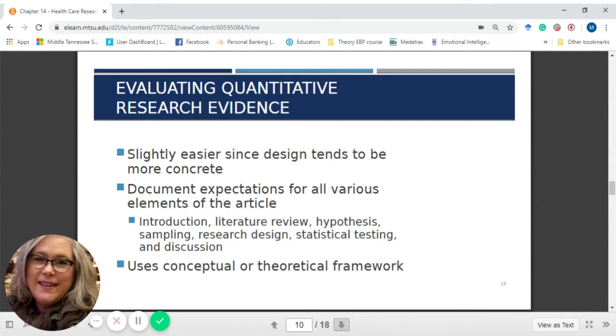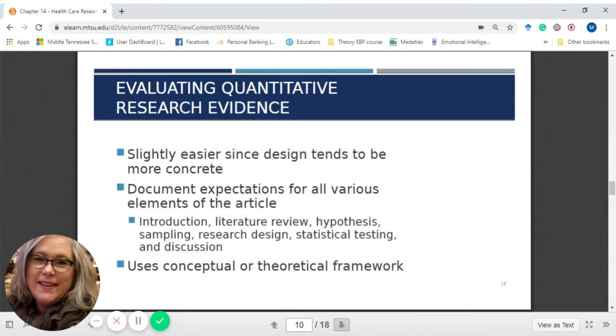Someone emailed me, what theoretical framework are these studies operating under, because it's not written out and discussed. It is assumed, or unstated, but we know they're operating in the post-positivism theoretical framework.